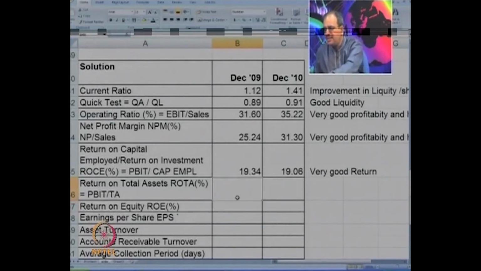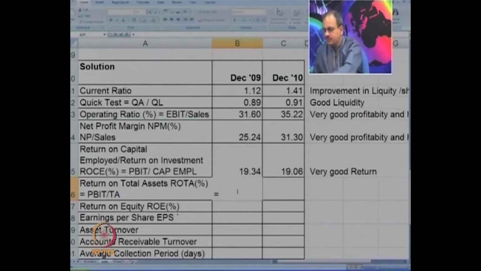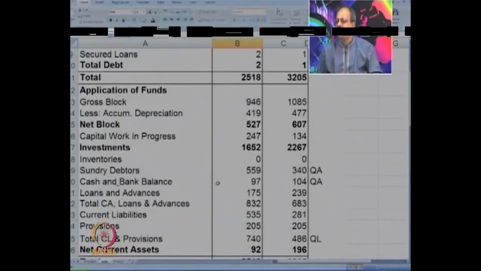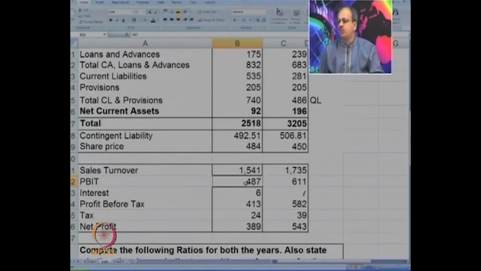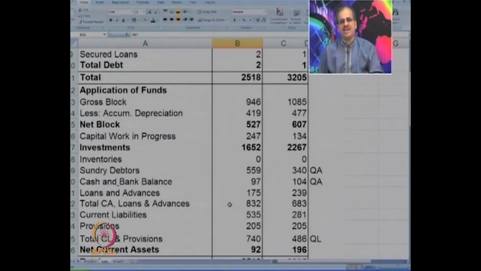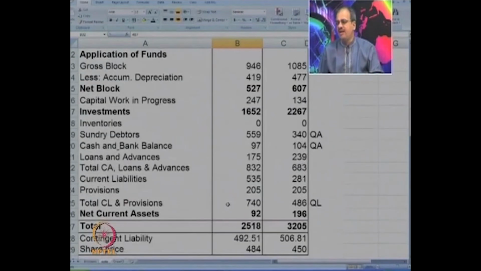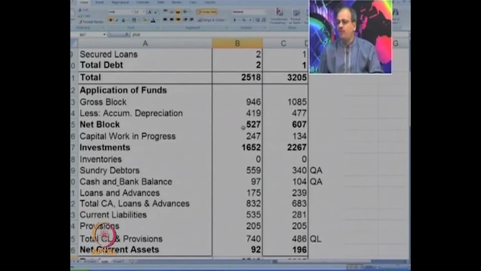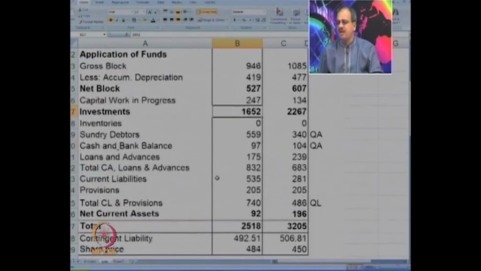So, PBIT, let us go up for more clarity. PBIT you know is 487. Look at the balance sheet, what will be the total assets? Keep in mind it is not this total of 25818, it is a total of net block, working capital, investments plus total current assets.